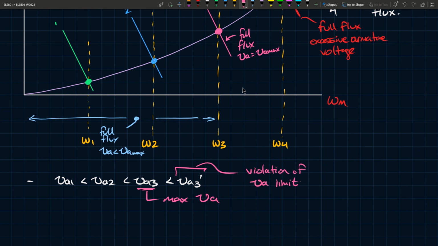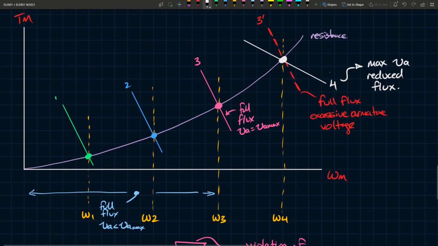And we can make another note that VA4 is equal to VA3, because when we get to the end here in 4, we're actually using the maximum, which is this one, but we're just adjusting the actual slope.